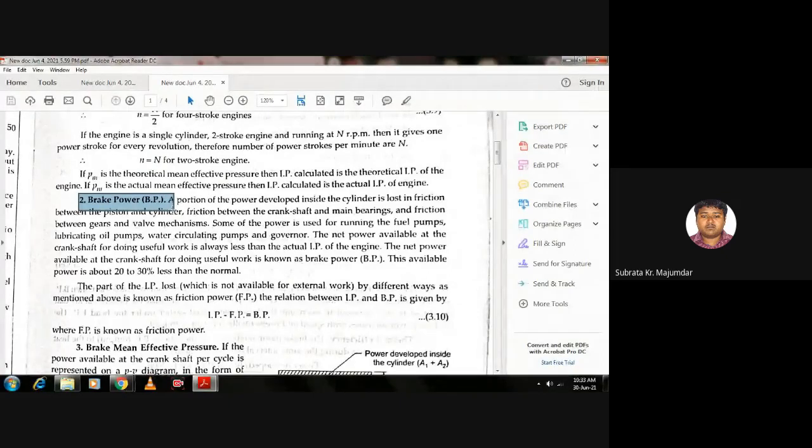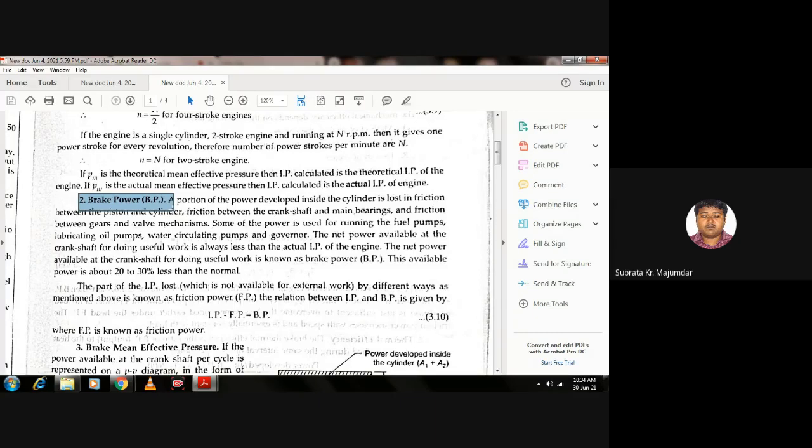Whenever an engine runs, several types of losses can occur. So, how much power can be obtained after losing to friction? This power is known as the brake power of the engine.